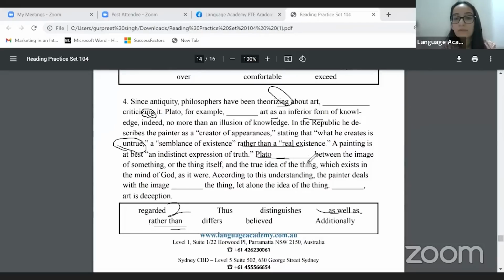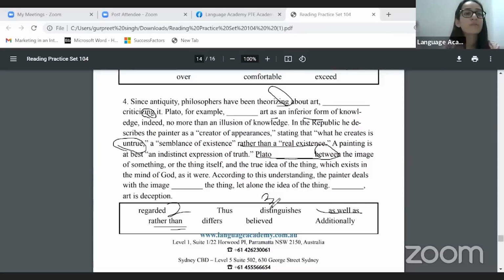So any verb that goes with between things. We have Plato differs, which means right now he differs, but we have to go in past tense. Differs or distinguishes are the two options that we have. What is more academic is distinguishes, not differs. Moreover, differs goes with differ from the other thing.